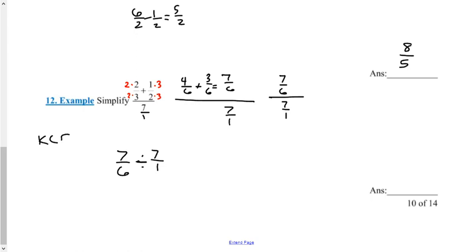I know a lot of people are taught that, so that's okay. 7/6 times, and then you flip the second one, you multiply by its reciprocal, 1/7. Those are gone. We get 1/6.